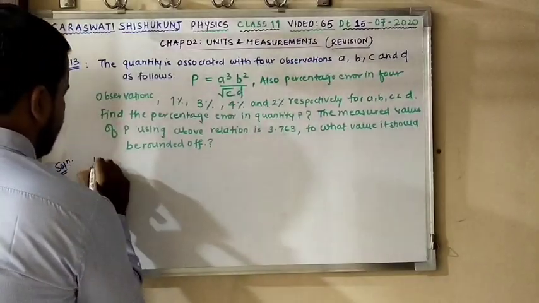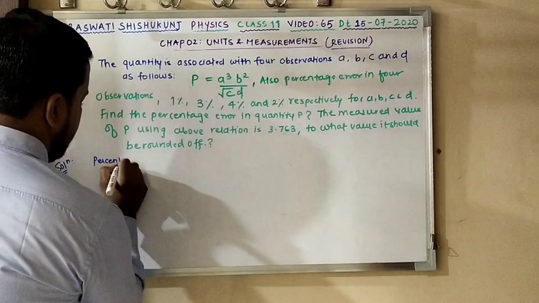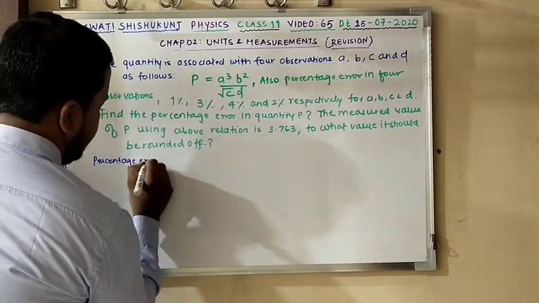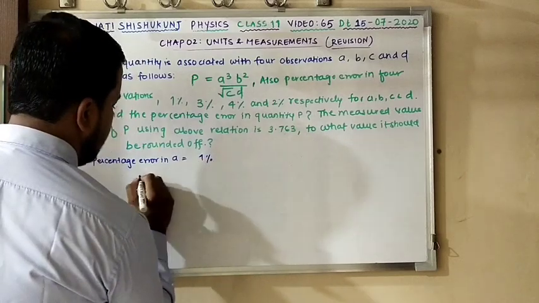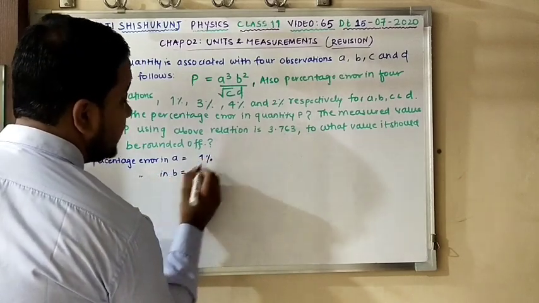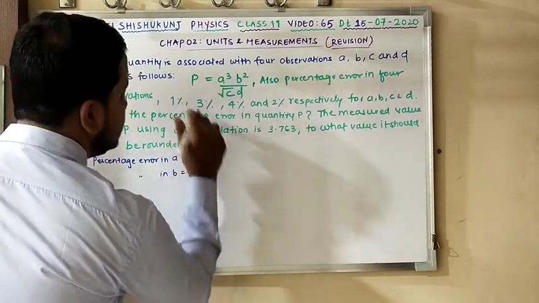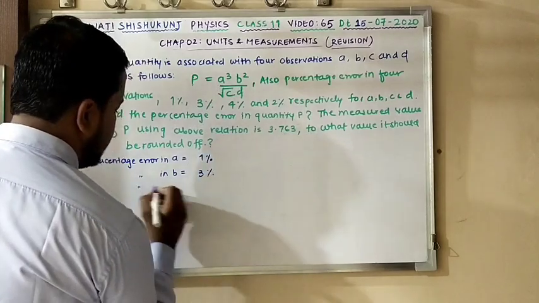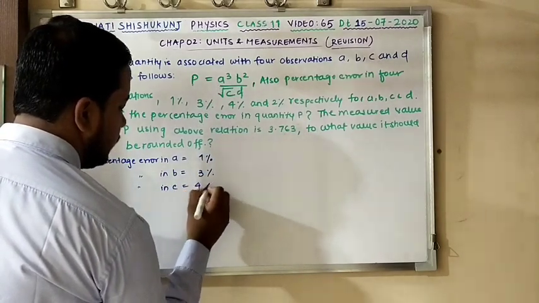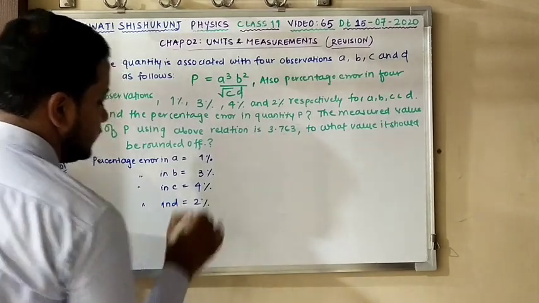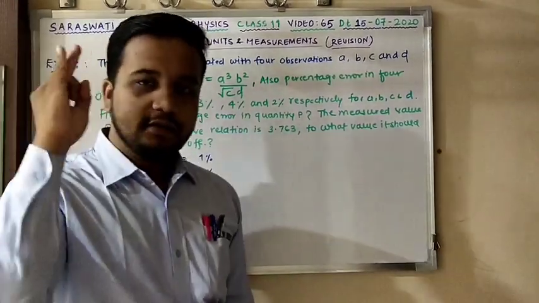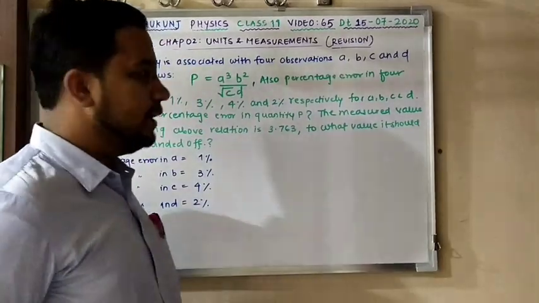You can write percentage error in A, they have given that is 1%. Similarly, percentage error in B is 3%, percentage error in C is 4%, and percentage error in D is how much? 2%. Is this clear? 1%, 3%, 4% and 2%.